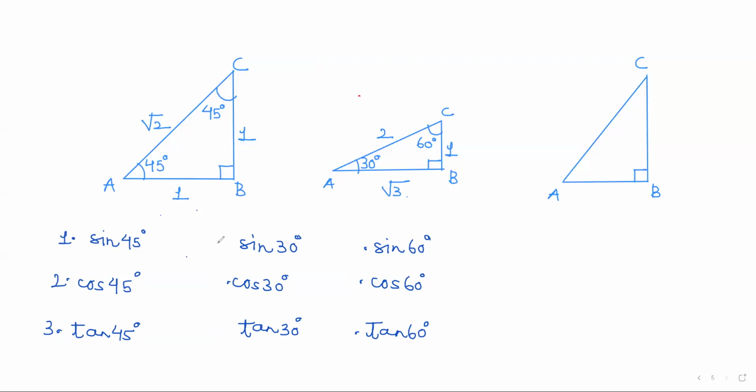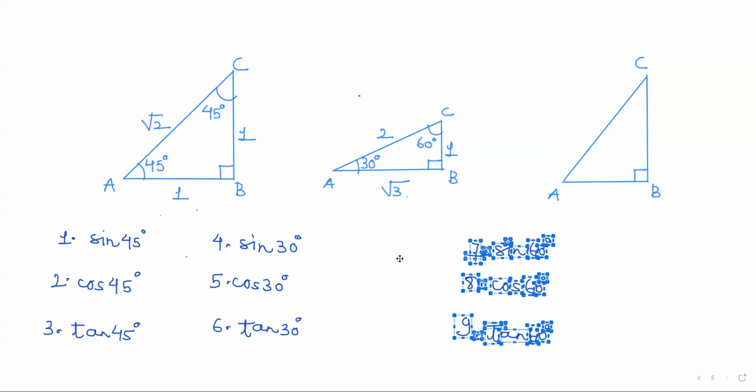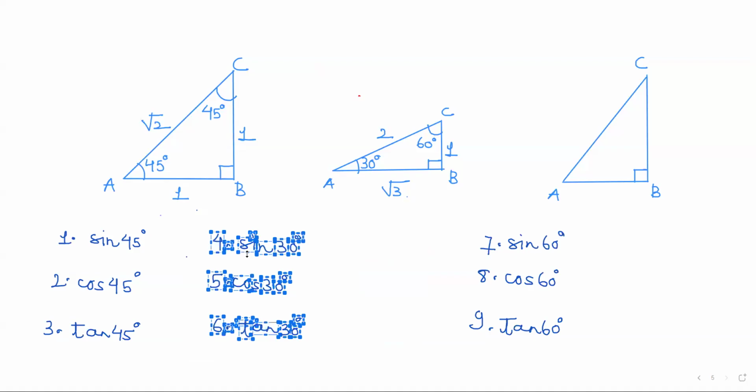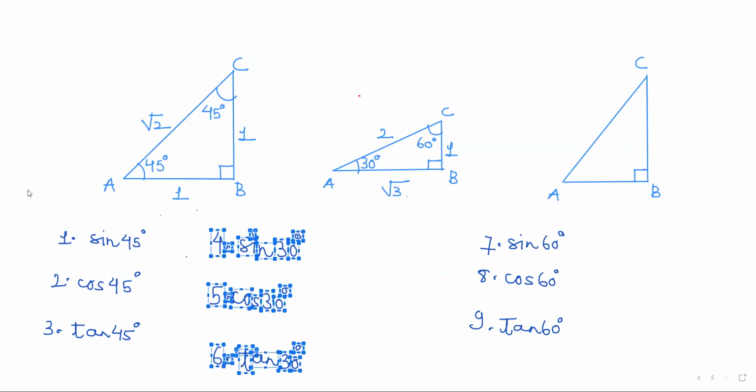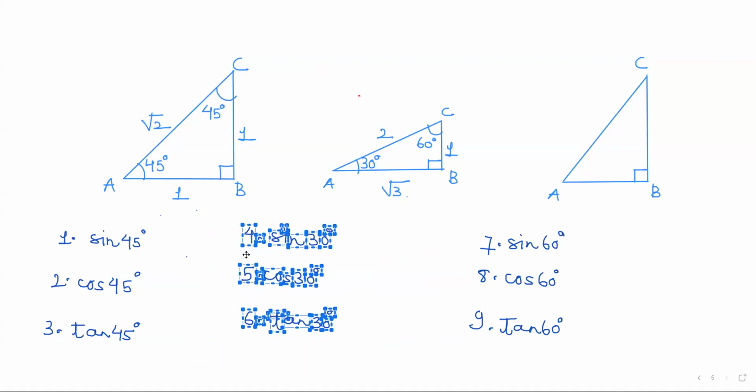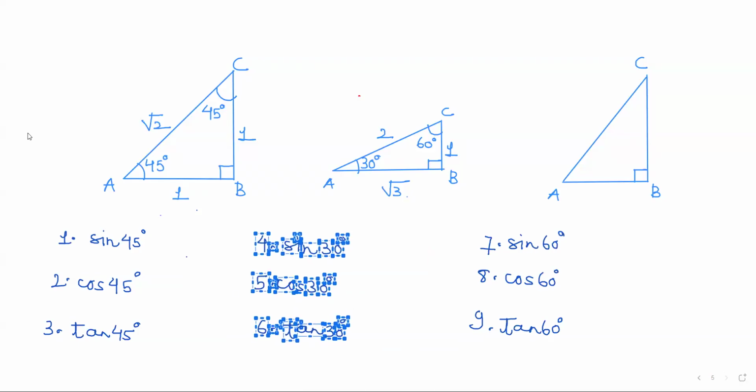You have notes. The ratios are written in your notes. Just write it quickly, fill the blanks. Find the values of these. Okay? All of you, please do it quickly. Sir, how do we write root 2 in the comment box? Listen, write in words.